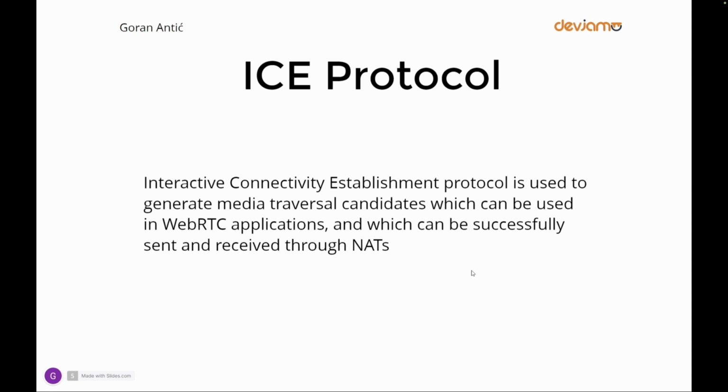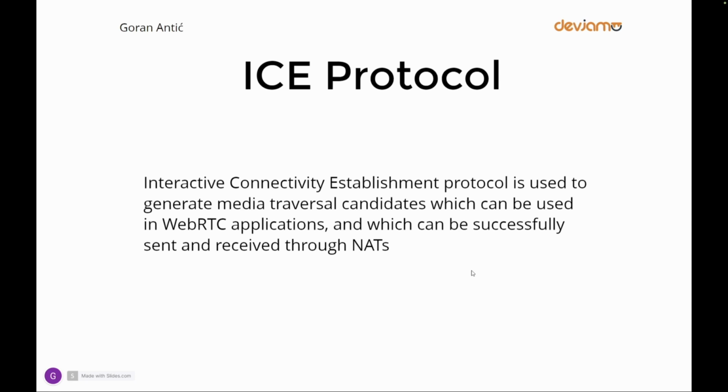It generates multiple traversal candidates. That means you don't have only one way to connect to another user. For example, you can pick between TCP and UDP, depending on the situation you are in.